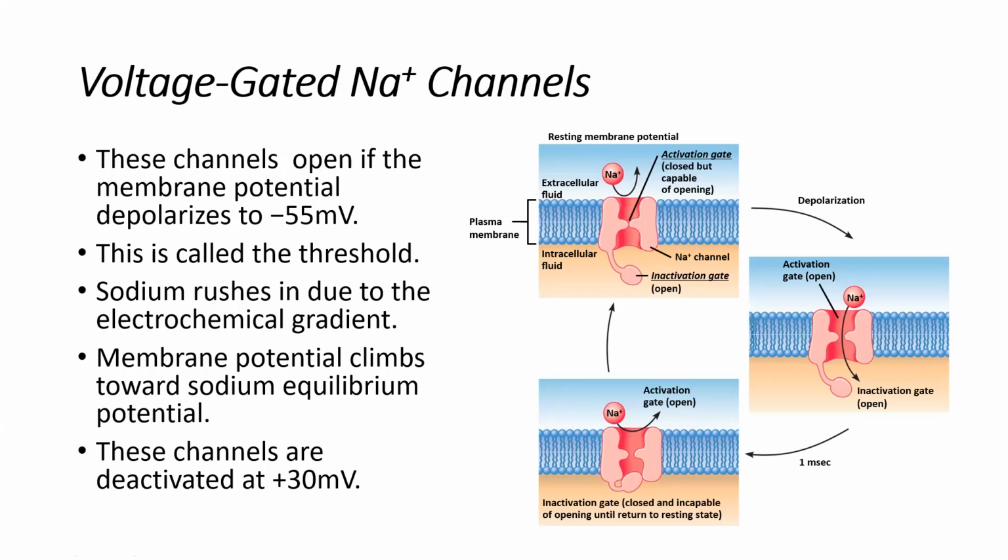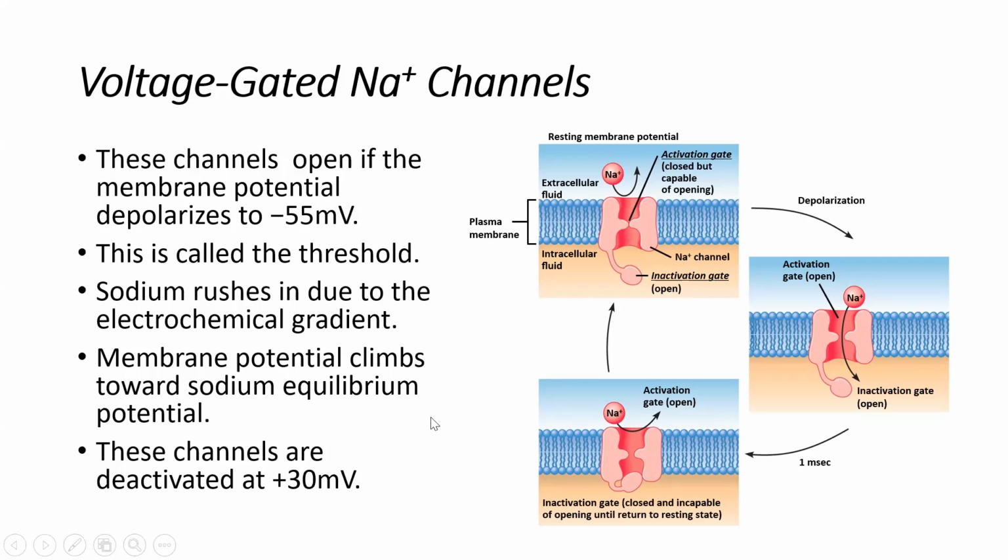And as we spoke about before, the equilibrium potential for sodium is really positive, right? It's positive 60. And so that would reflect the movement of sodium once these channels open up. Sodium is going to try to rush into the cell in an attempt to approach that positive 60.